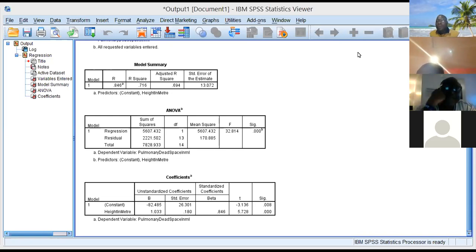That one was on peak expiratory flow rate. The lady is in the UK now, doing her MPH. I analyzed it with a pediatrician.